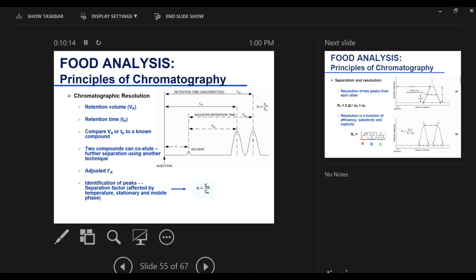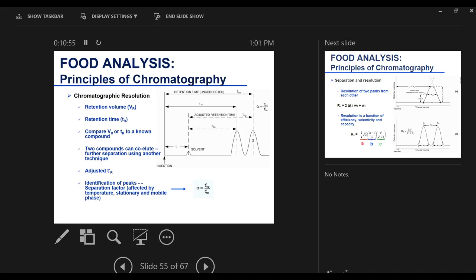For the mobile phase, those of you that took the HPLC, there was a question on whether you use acetonitrile or methanol. What happens with each? Methanol is more polar than acetonitrile, so it's not as strong an organic solvent as acetonitrile. If you use methanol, it might take longer for the compounds to elute, but you might get better separation if you have compounds that are very similar in their characteristics or affinity to your stationary phase.